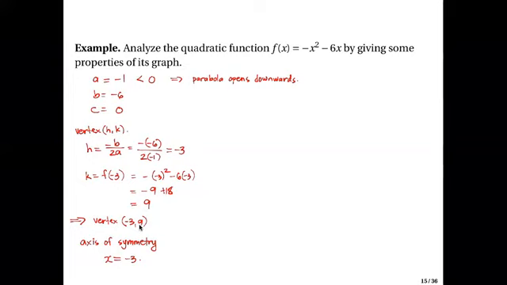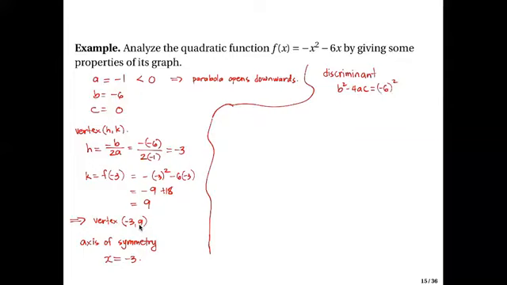Let's calculate the discriminant. The discriminant is, again, your b squared minus 4ac. So b squared minus 4ac, but this is simply negative 6 squared minus 4 times negative 1 times 0.